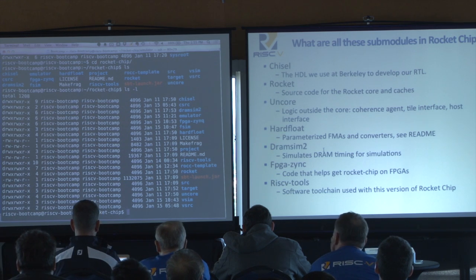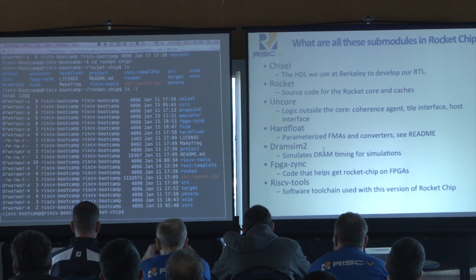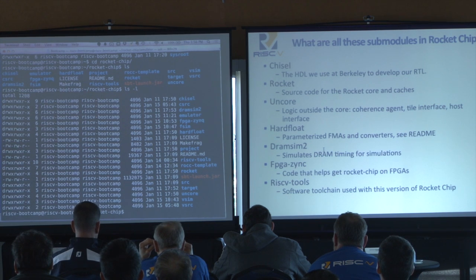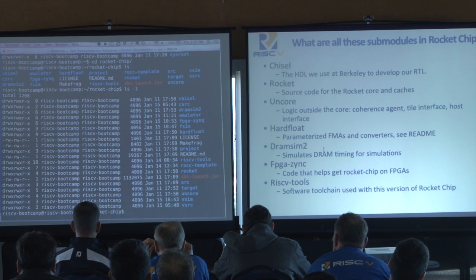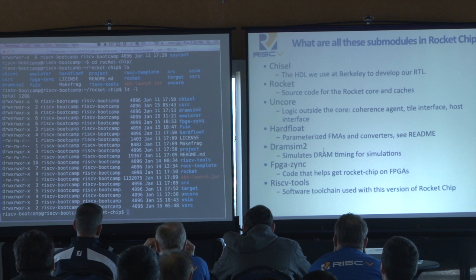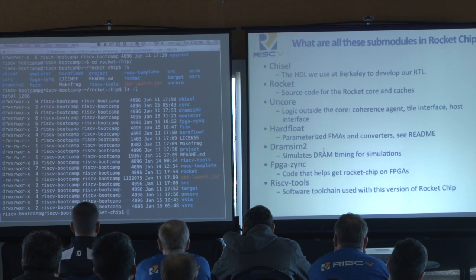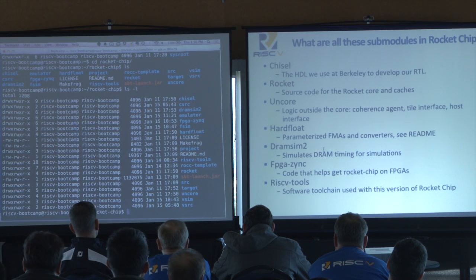We also have the uncore, which is the outer memory system and coherence agent. Hardfloat holds our hard FPUs and FMAs. DRAMSim2 is what we use for DRAM timing emulation in our simulators. FPGA-Zynq is a repo that is really useful for putting things on FPGA platforms. And then obviously RISC-V tools is the software toolchain that we use.